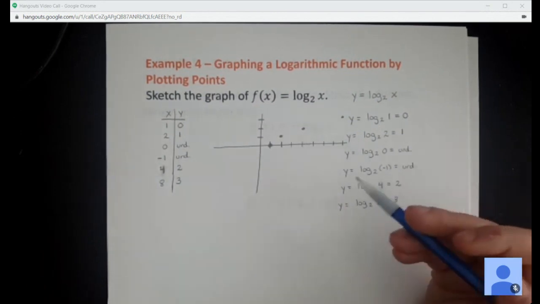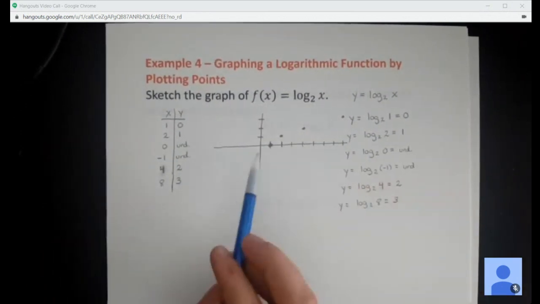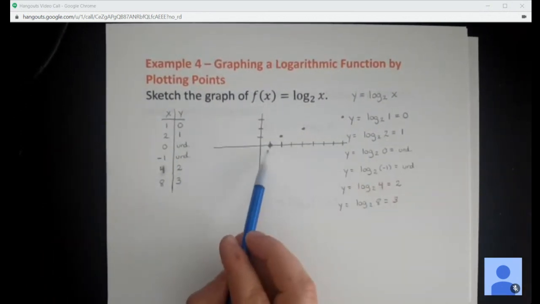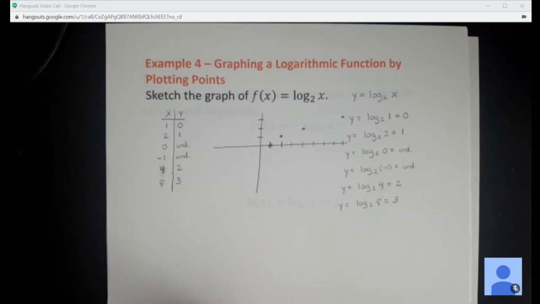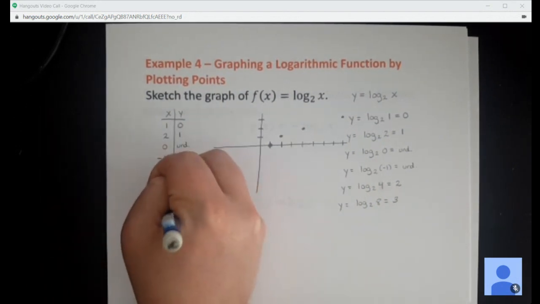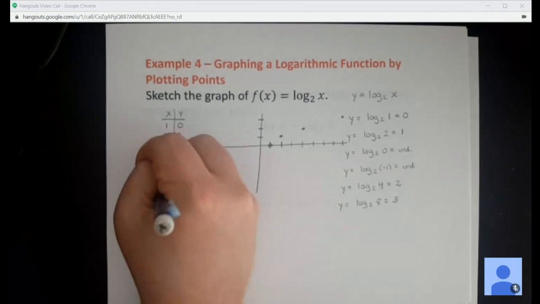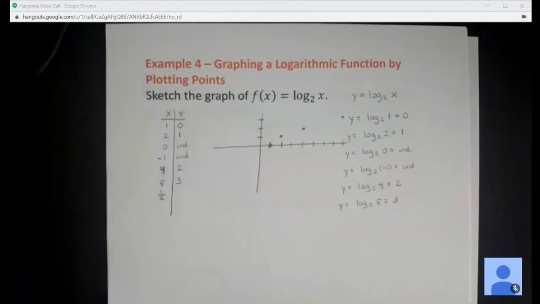So what we need to think about now is, we said 0 wouldn't work. But are there any values between 0 and 1 that could work, where we could get an actual value? So what values could we check between 0 and 1 to see if we have any other points there? Okay, 1/2.